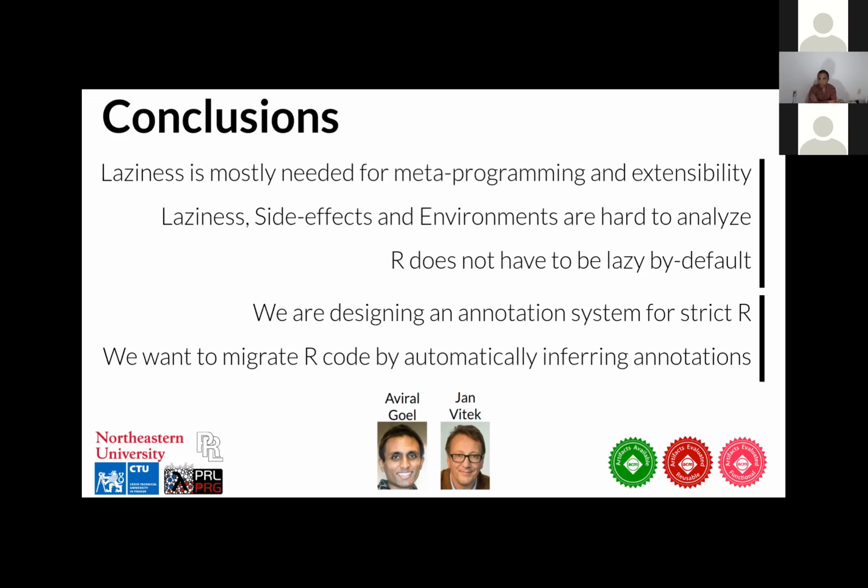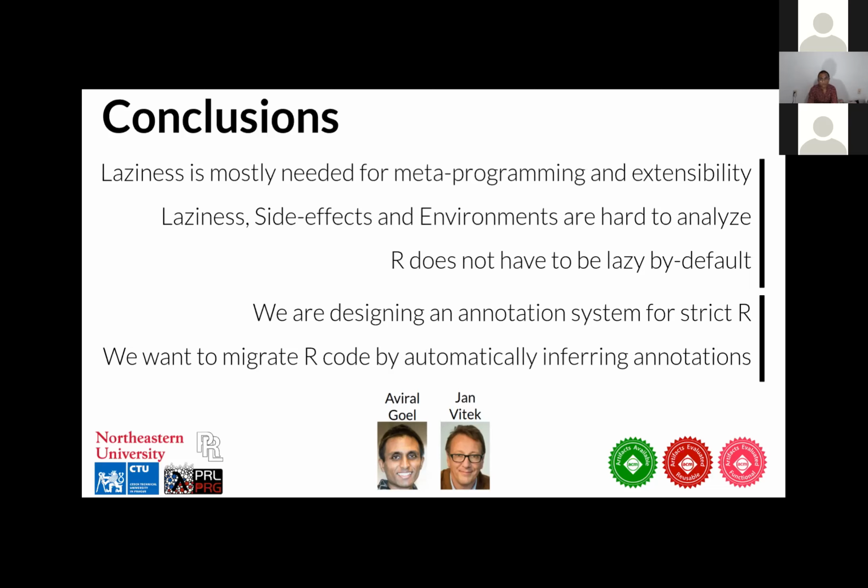Okay, a related question is, what do R programmers care about? What is their biggest worry? R programmers, in our opinion, would care about efficiency. And the problem is that the fact that the language is lazy makes it very hard to optimize.